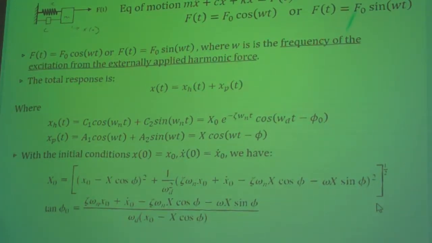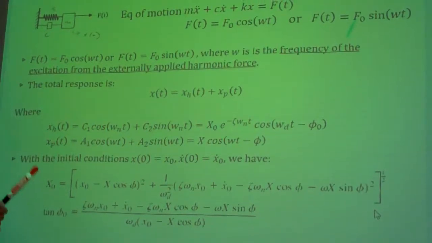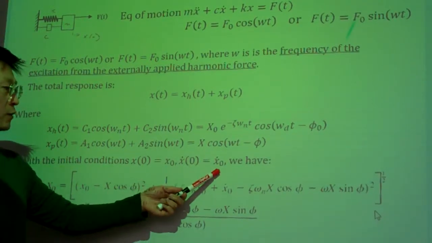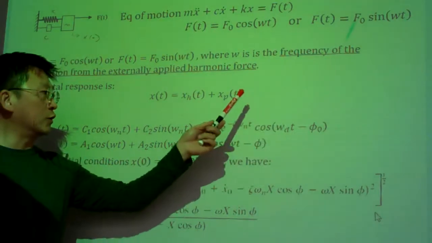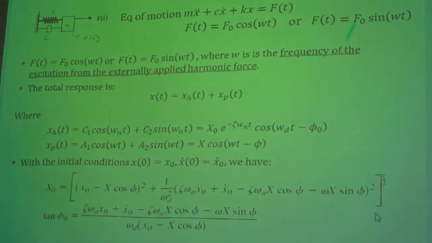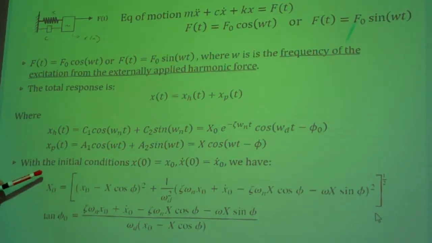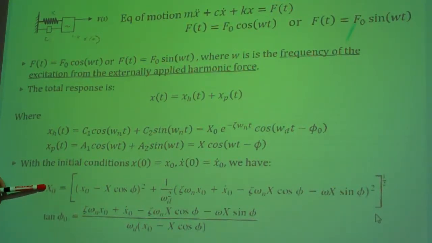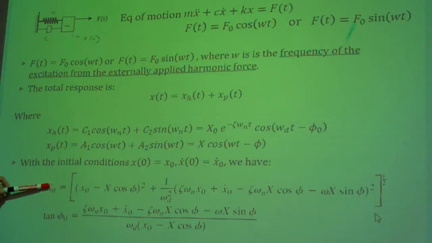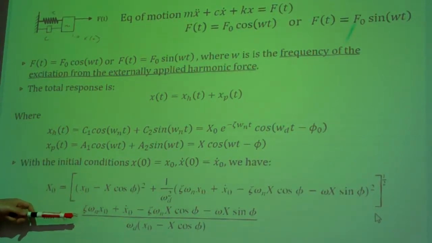So plug in the initial conditions, in theory 2 initial conditions, and in theory we can solve for 2 unknowns in the total response. And here I simply copy and paste the expressions for the 2 unknowns like this.